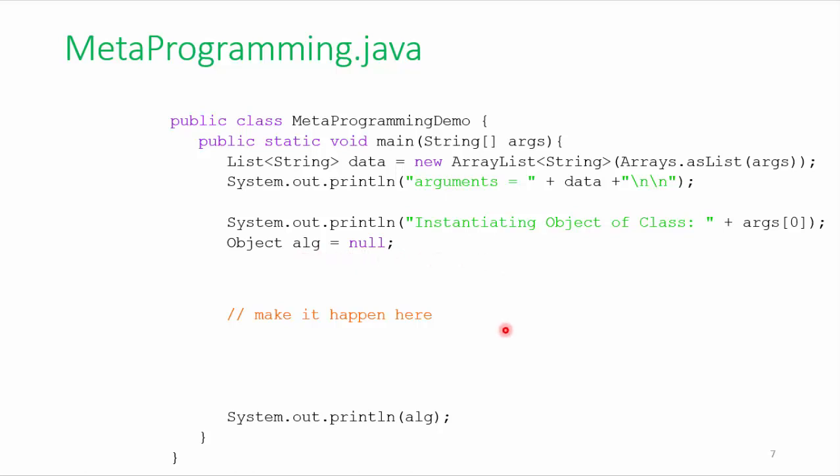We are going to do a little bit of metaprogramming here, and then we are going to display alg, which means that we are going to call the toString method that it implements. It's going to display information about the object and all the attributes that we define into those different classes that the object contains and that have been set to true. Right now we have nothing really to set the attributes to true, so we're just going to display pretty much the name of the classes that this object represents.